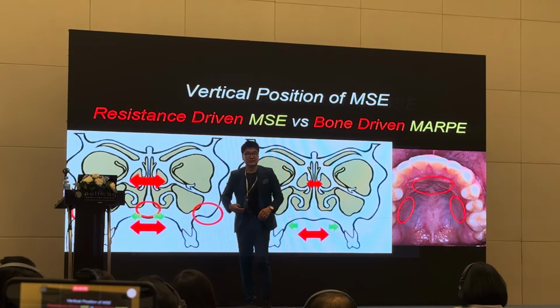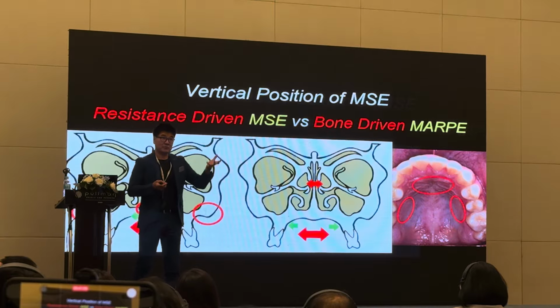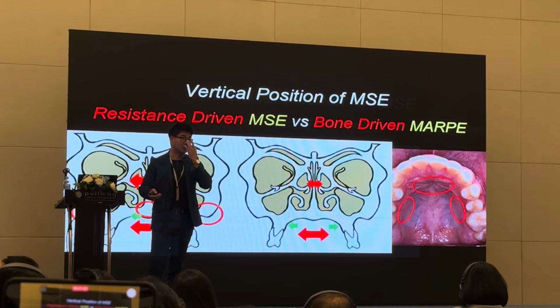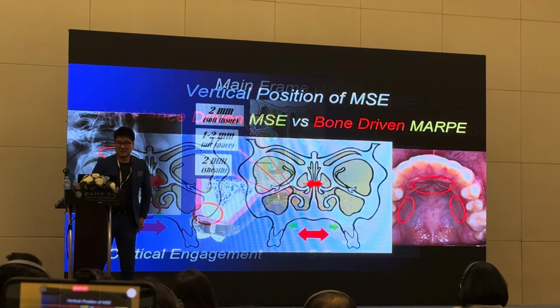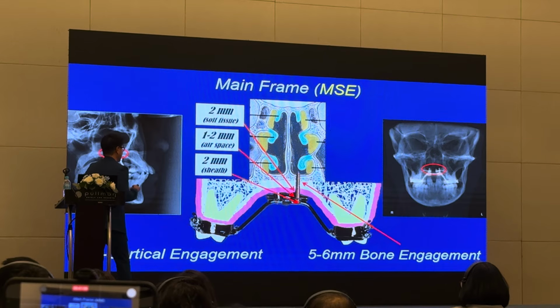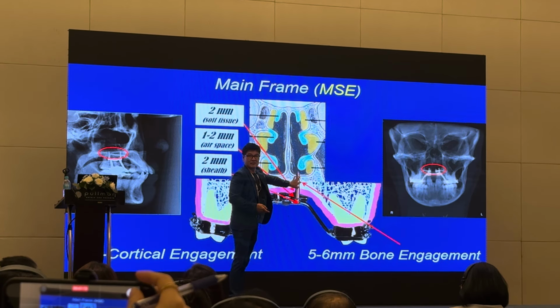So naturally, you can predict the resistant-driven system will give you more superior expansion than the bone-driven system. Okay? Very important distinction.